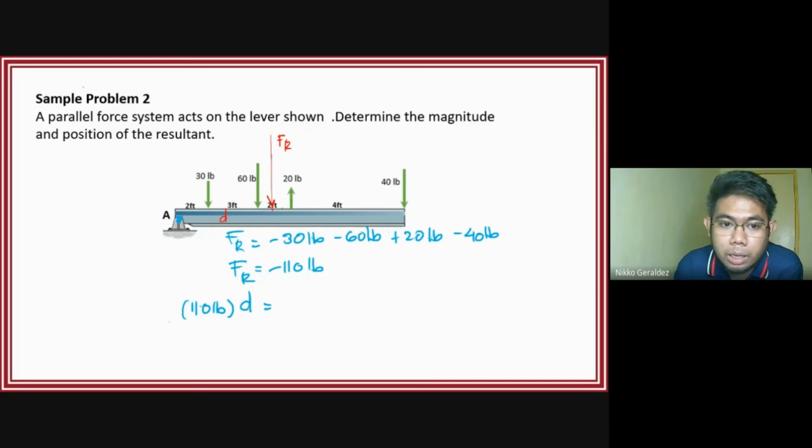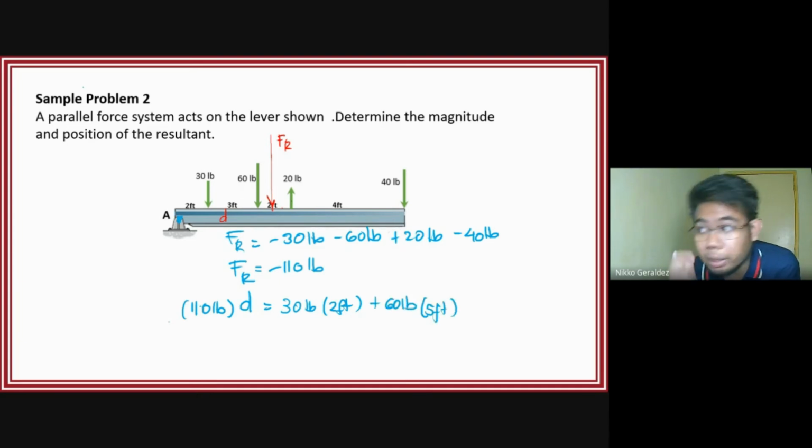So that is 30 pounds times 2 feet. 60 pounds, clockwise din, so plus 60 pounds times 5 feet. 20 pounds counterclockwise, so negative 20 pounds times 2 plus 3 plus 2, 7 feet. Then last, 40 pounds, clockwise, so plus 40 pounds times 11 feet.